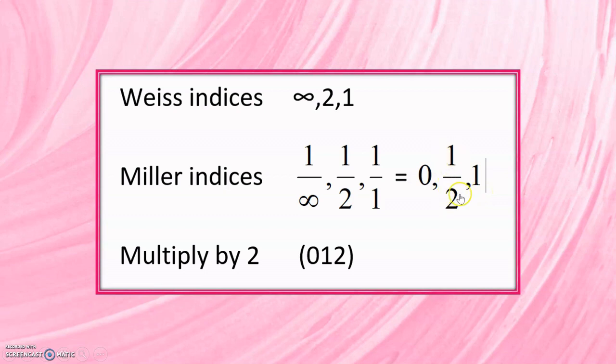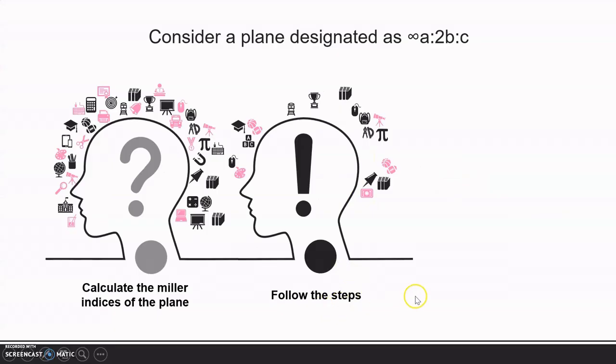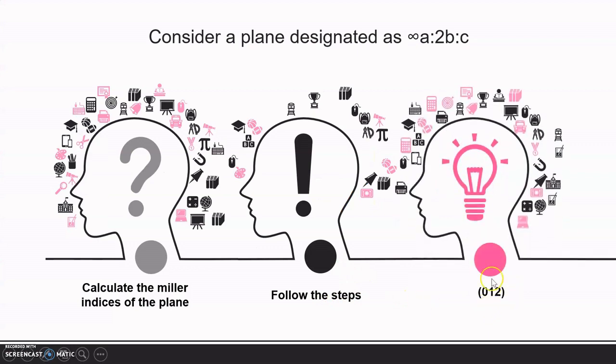Since there is a fraction here, we are going to multiply it with a common factor. Here the common factor can be 2. So 0 times 2, 1/2 times 2 and 1 times 2. So you will get 0, 1 and 2. So the Miller indices of this plane is (0 1 2).